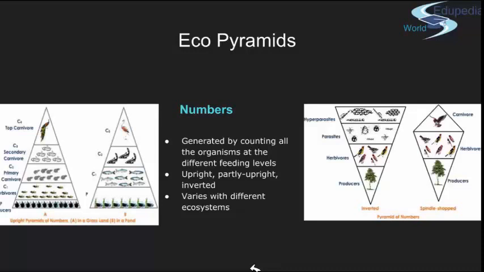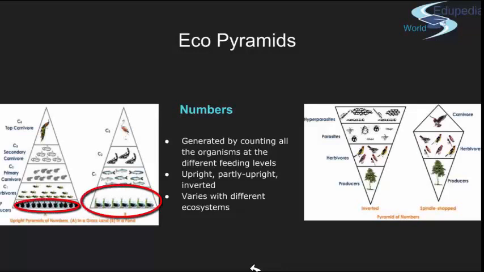So in most cases it's erect because at the top the tertiary consumers are the least in numbers, because they are usually biggest in mass and in the amount of energy they require for survival.